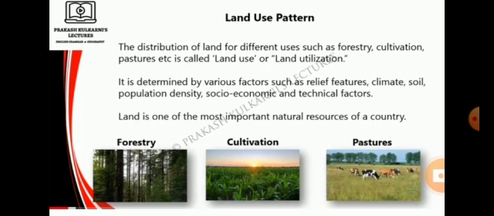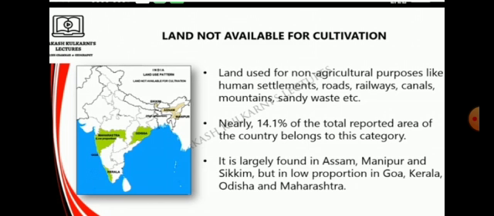It is largely found in Assam, Manipur and Sikkim, but in low proportion in Goa, Kerala, Odisha and Maharashtra. What are the non-agricultural purposes? Human settlements, roads, railways, canals, mountains.